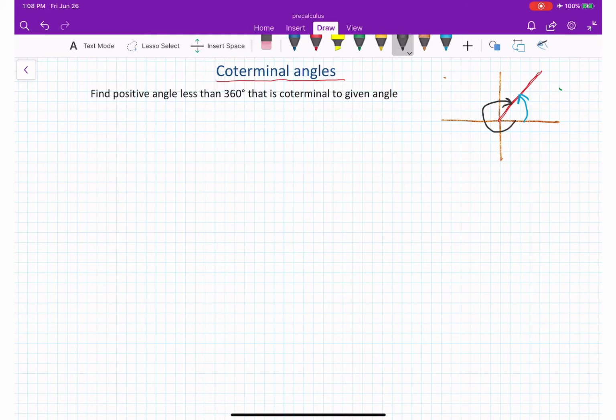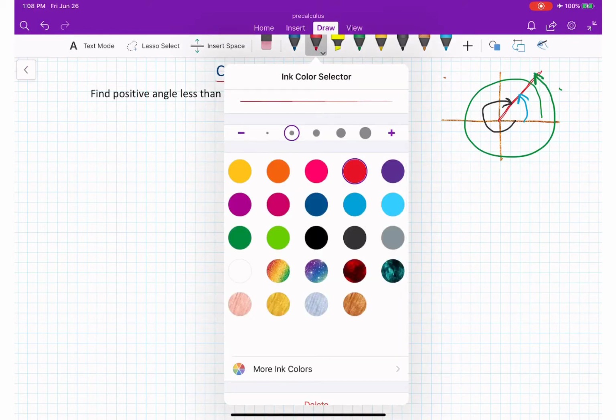So these two angles are coterminal. I can go further, let's say, draw this angle. So all these three angles we consider coterminal angles because they have the same terminal side.